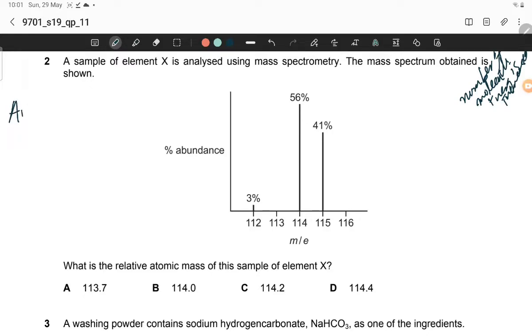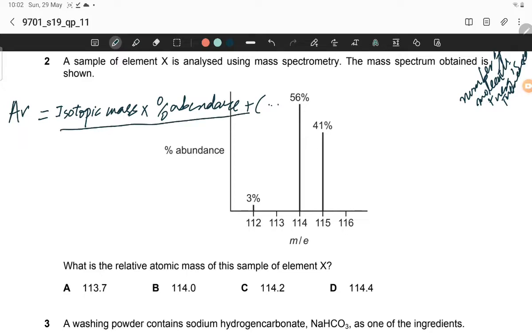The relative atomic mass is equal to the sum of isotopic mass into percent abundance, divided by 100.